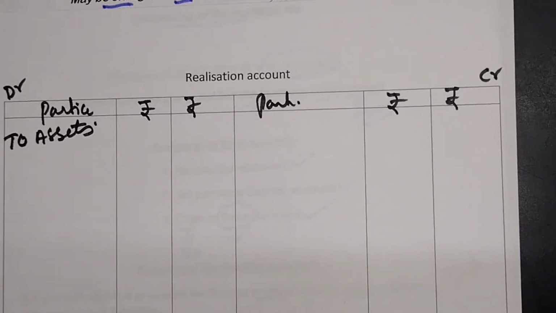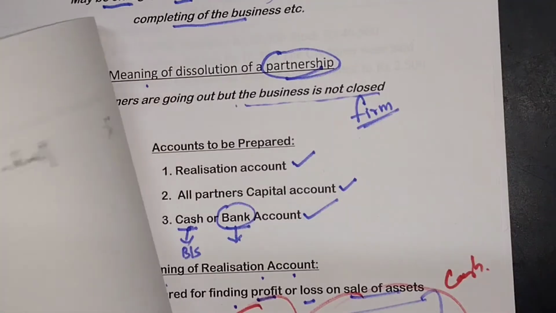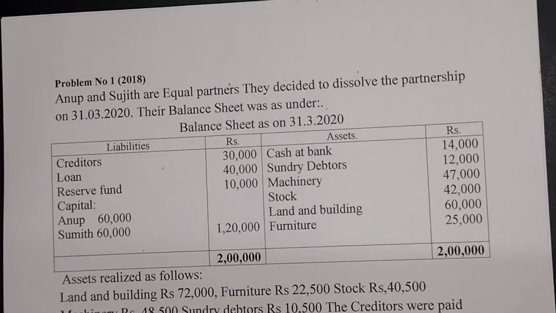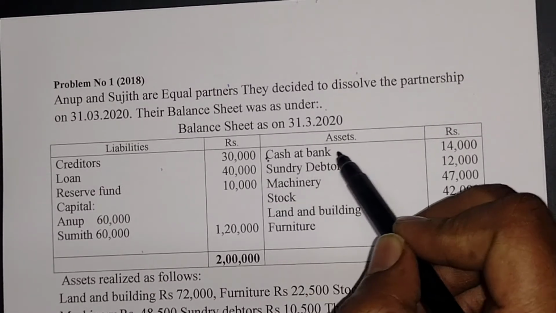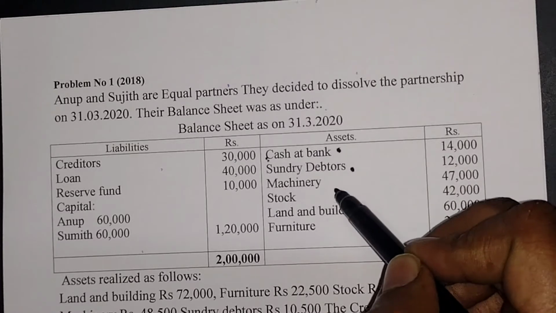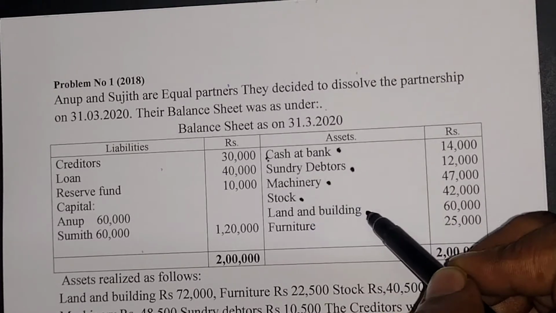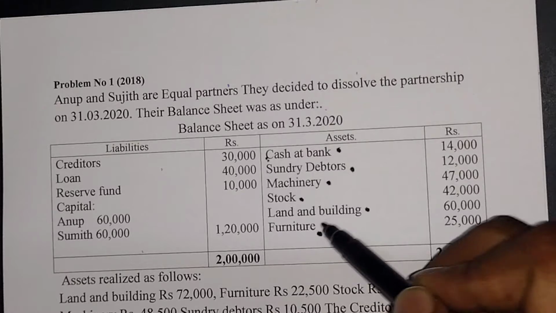For example, I'll show you one question. In that question, you will come to know what entries we have to record. Yes. Now you see on the asset side: cash at bank, sundry debtors, machinery, stock, land and building and furniture.